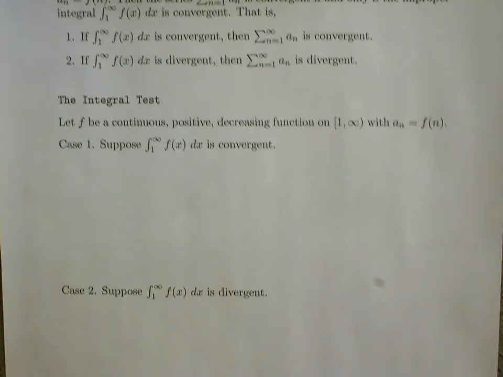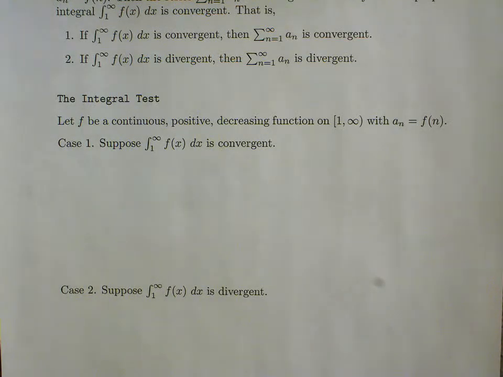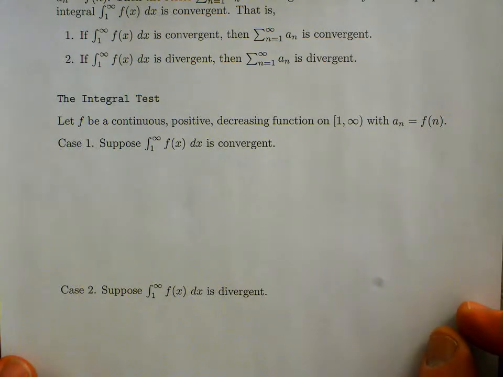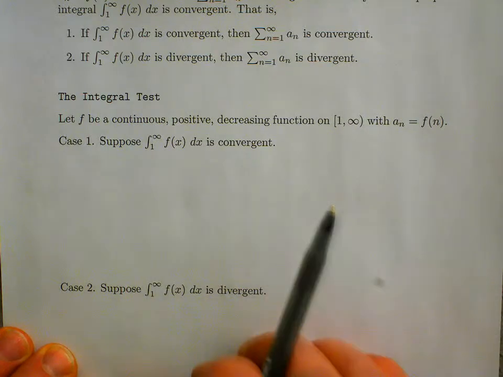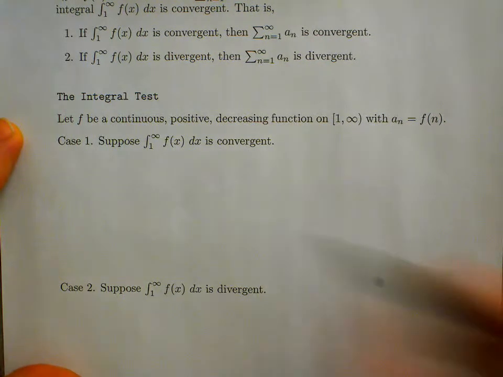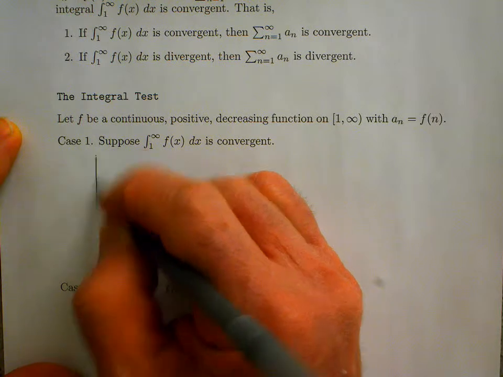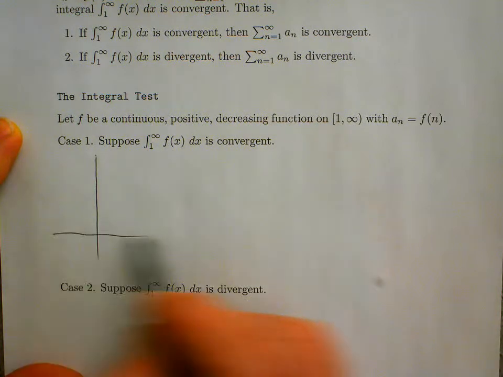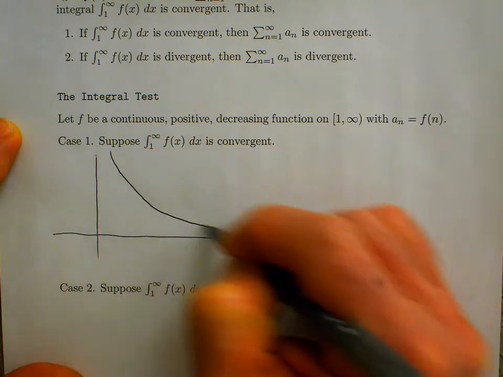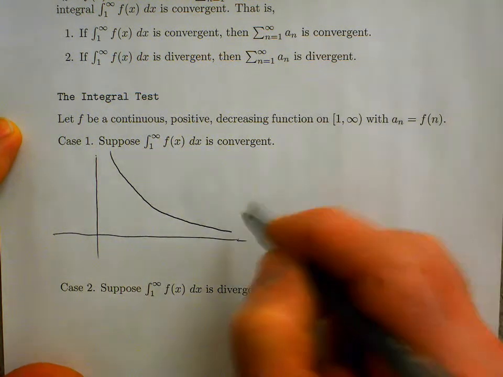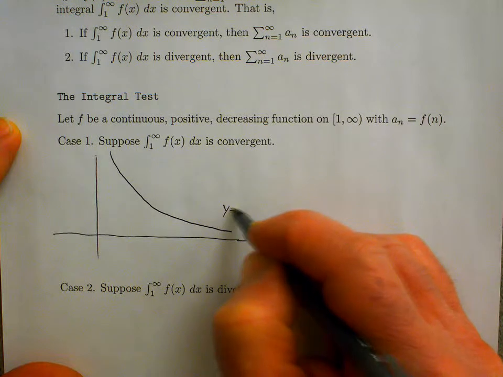Case 1, suppose that the improper integral of f of x as x goes from 1 to infinity is convergent. So we'll sketch a possible graph of y equals f of x.